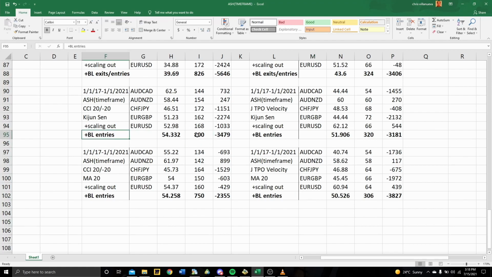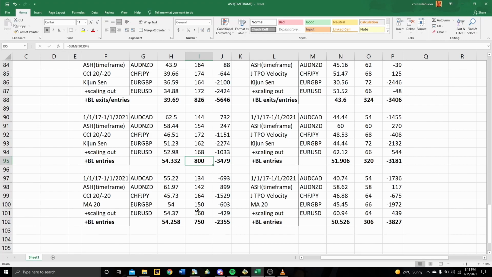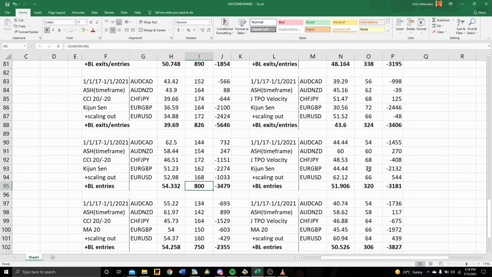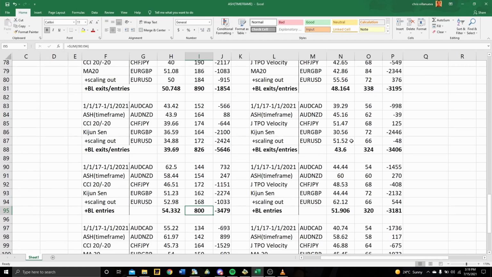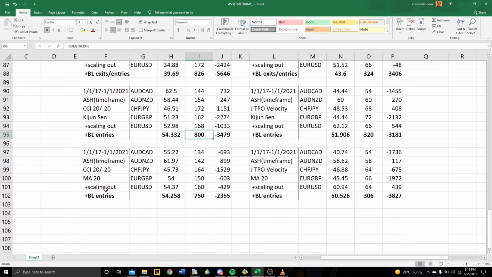So yeah, 90 less and 70 less, and a few less on JTPO as well. And so we're getting into less of those false entries, which is pretty good, with not keeping exits. So that's one thing to think about.